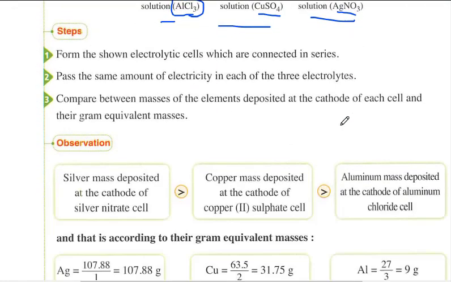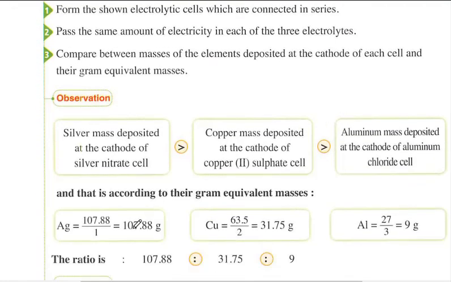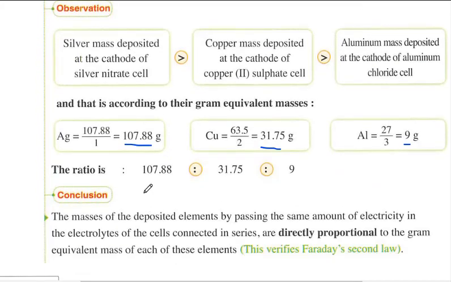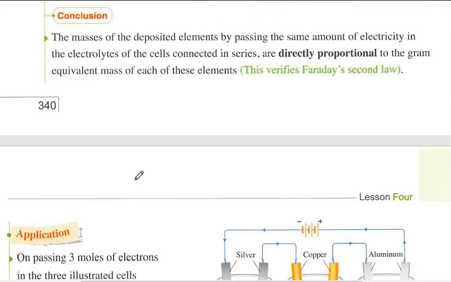We see that the deposited masses have the ratios of 107.88 and 31.75 and 9, which are the equivalent masses. They have the same ratios. So we verify Faraday's second law: when we pass the same quantity of electricity through these 3 electrolytes, they liberate at their electrodes masses in the ratios of the equivalent masses of these elements.